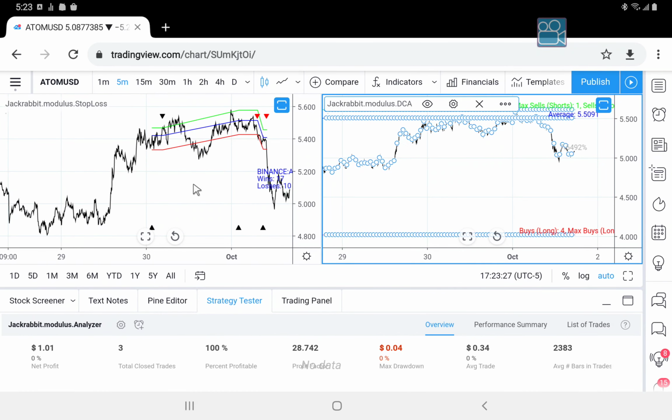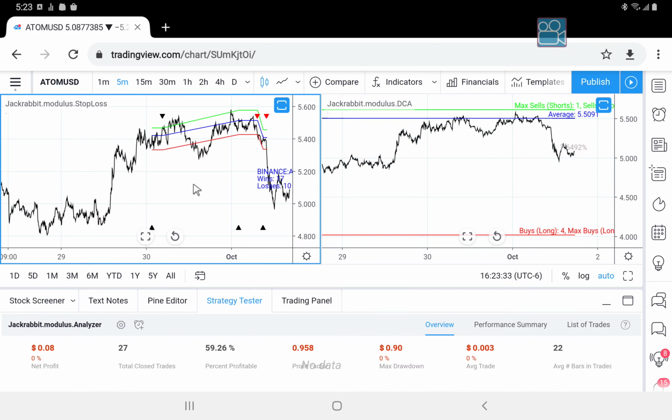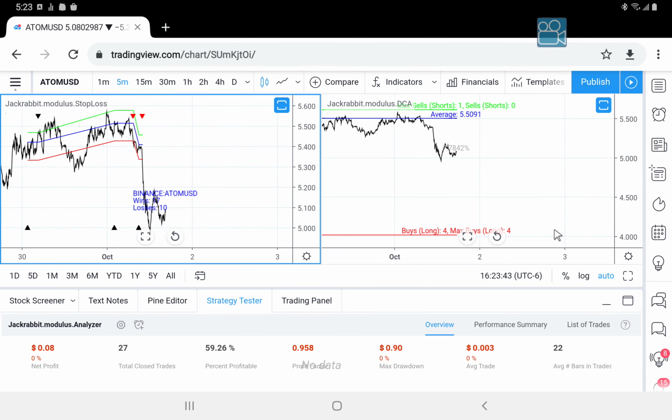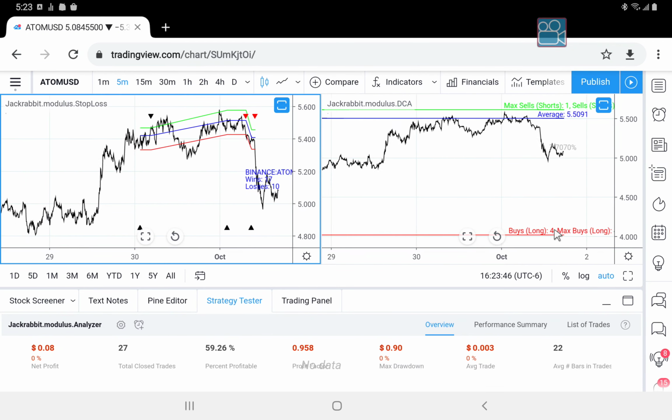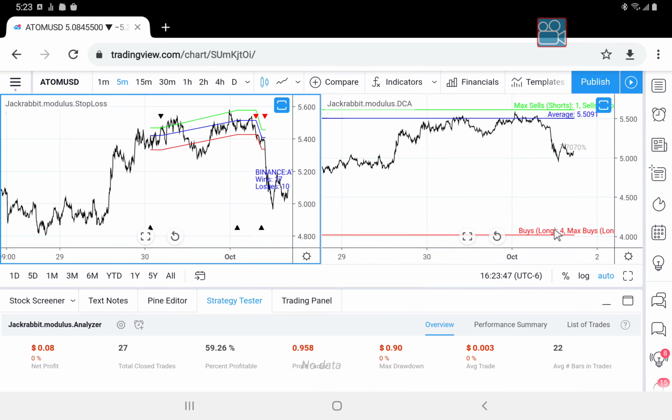This one doesn't have a $600 budget. Your budget for the stop loss is strictly your position size because it does a 1-to-1 ratio. This one is going to have a maximum budget of 4 for the last 17 days. 4 positions, $44.